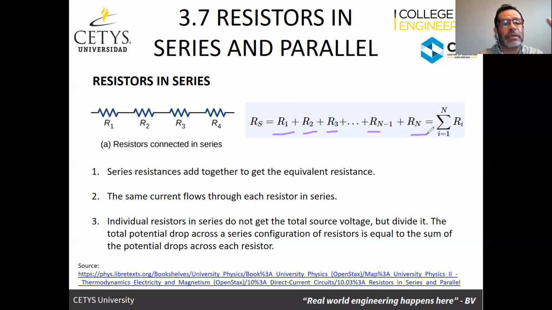Resistors in series, the equivalent resistance is going to be the sum of the resistances. And we already mentioned that the same current is going to flow, and the voltage is going to be divided, okay? So for resistors in series, we're going to add up the resistances, okay?